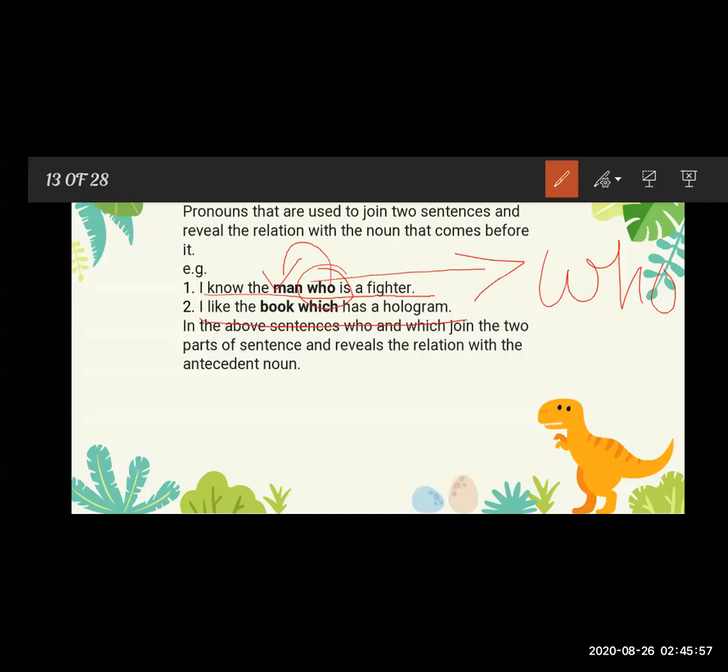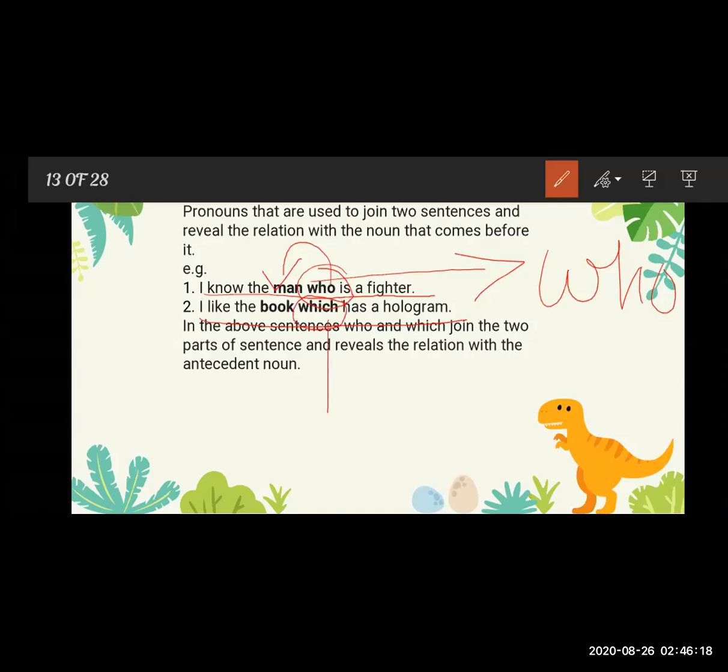Now see the second example. I like the book which has a hologram. Here also there are two sentences: I like the book, and the book has a hologram. They join the two sentences with the pronoun which.